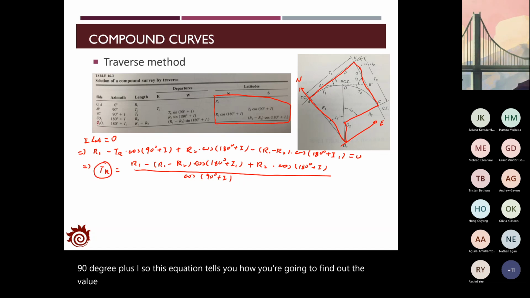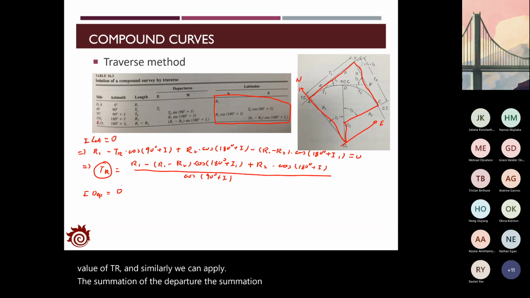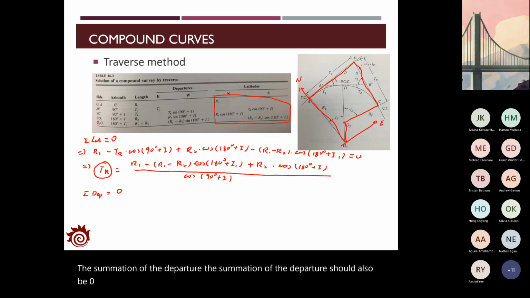And similarly, we can apply the summation of the departure. The summation of the departure should also be 0 for the closed loop traverse.